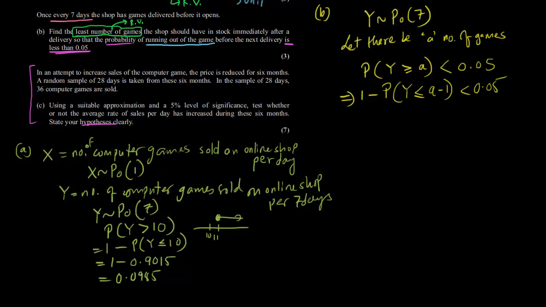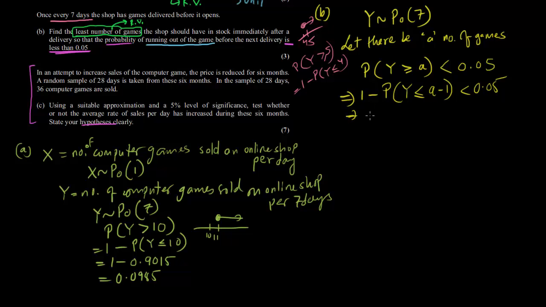Suppose the probability of Y is greater than or equal to 5, then if I write 1 minus the probability of Y is less than or equal to, it has to be 4 because of cumulative. Because to be greater than or equal to 5, it means 4 is here, so it has to be 1 minus the probability of Y is less than or equal to 4. So 1 less. Similarly, to be greater than or equal to a, it would be 1 less. For that reason, I'm writing a minus 1.